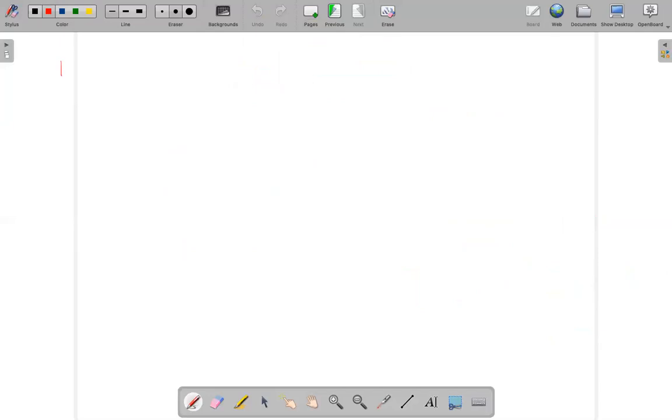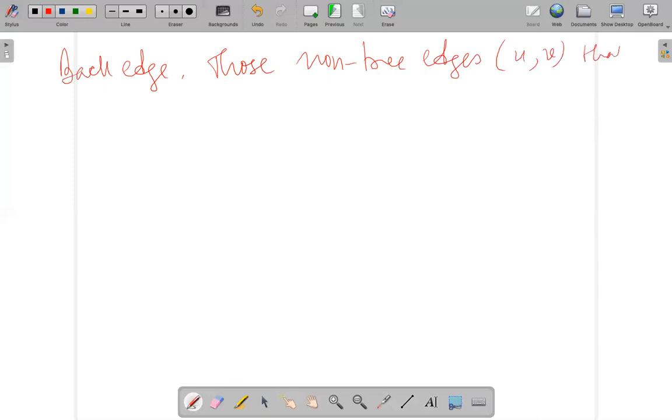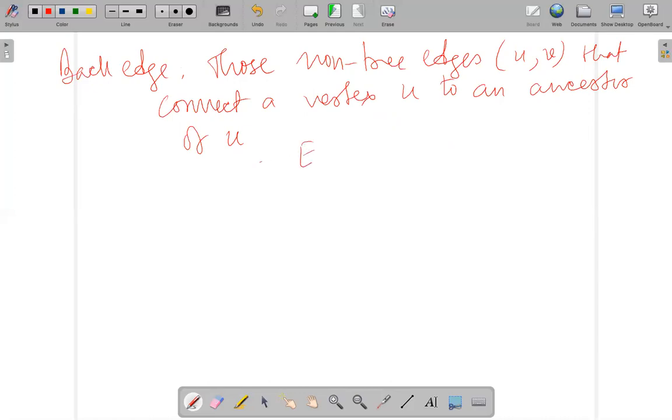Next comes back edge. Those non-tree edges UV that connect a vertex U to an ancestor of U. So a back edge actually establishes a descendant to an ancestor relationship.